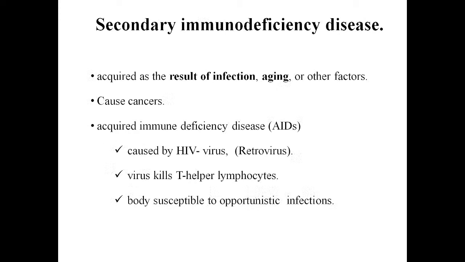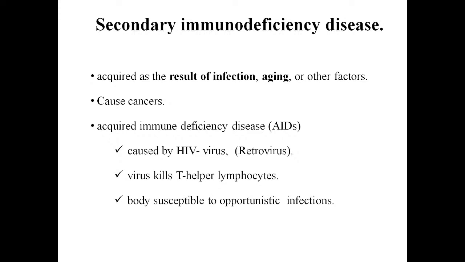Secondary immune deficiency is a disease acquired as a result of infections, aging, or other factors that we have just talked about. They may cause cancer. So secondary immune deficiency may occur because of cancer, and it also may cause cancer, because transformed human cells are not destroyed because of the blocking of immune mechanisms.